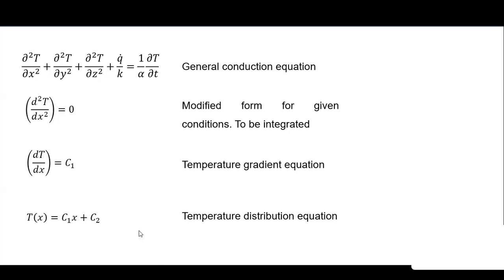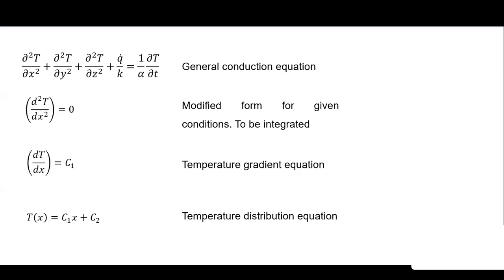By solution I mean to find out the values of these constants C1 and C2. Once you know the values of C1 and C2, you can substitute them in the temperature distribution equation and temperature gradient equation to find out the temperature gradient as well as temperature distribution at any location in the object. So what we need to do for getting these values of C1 and C2?